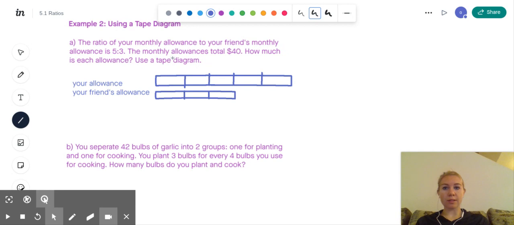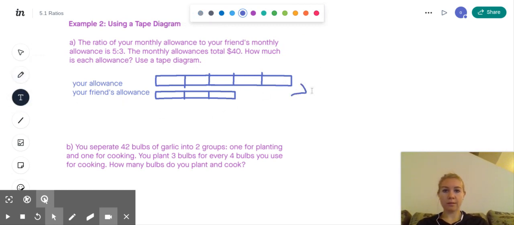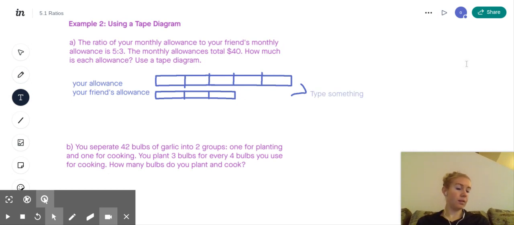Now we need to find out how much is each allowance. So we know the total is $40. So all of these parts represent $40. Okay, so I'm just going to type that so I know. Let's see, how many total parts are there? 1, 2, 3, 4, 5, 6, 7, 8.